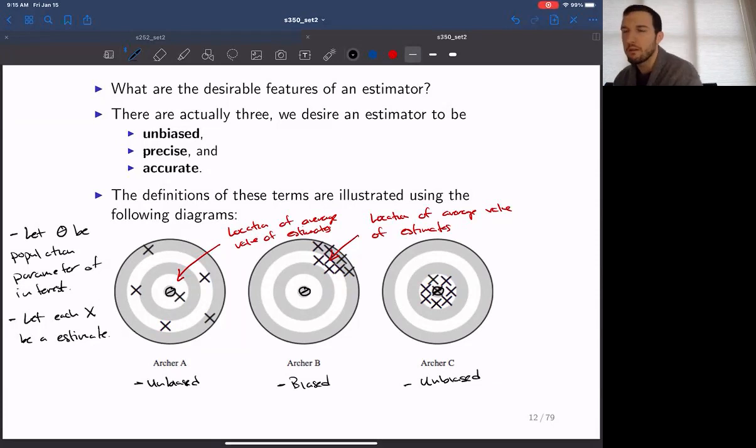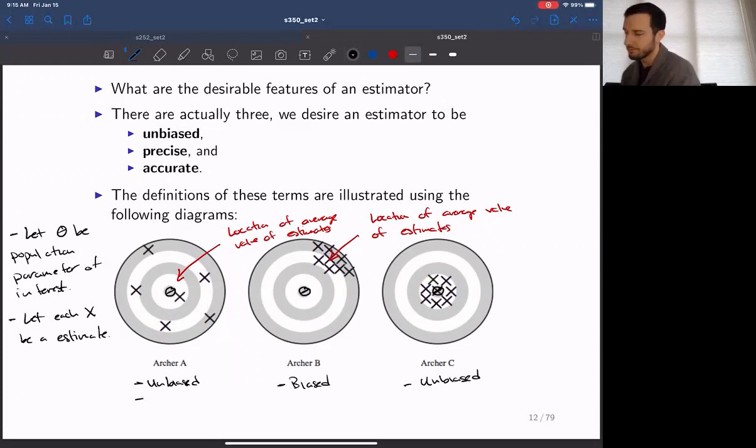So to help us understand these, we can start by noting that precision refers to how close together the values are. Accuracy refers to how close together the values are, given that they are close to the center, or close to the parameter of interest.